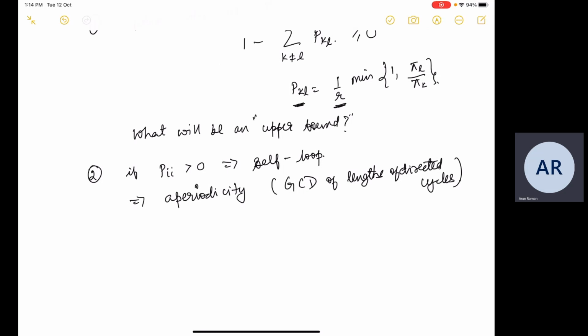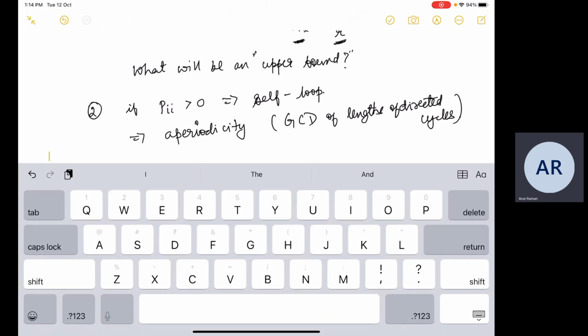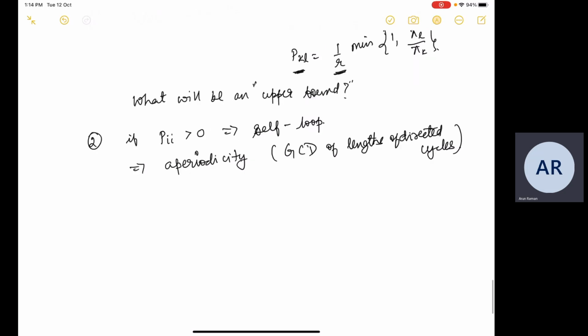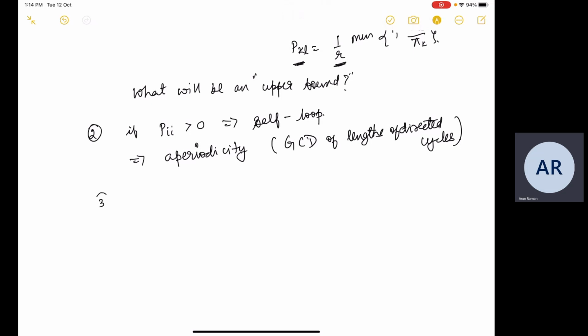So if a self loop is there, then the GCD has to be 1, and if the GCD is 1, then it is aperiodic. If there is a self loop, then aperiodicity comes to us for free.